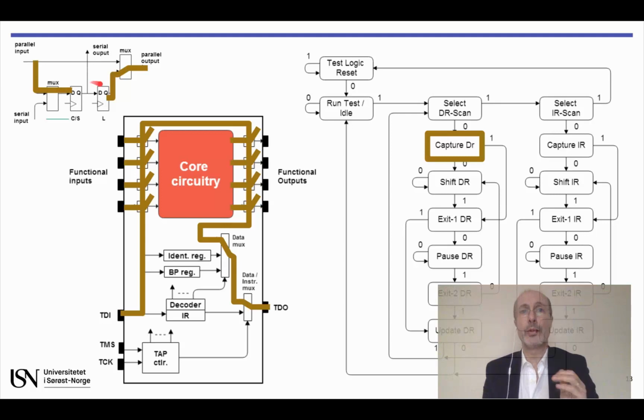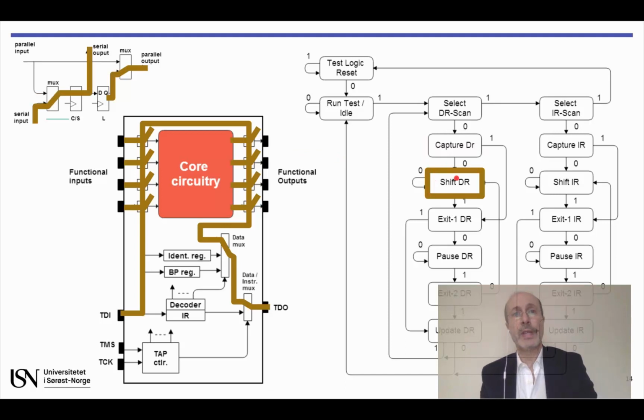The parallel outputs will hold the value coming from the latch stage, and we might actually have preloaded an initial test pattern by starting with the preload instruction instead of external tests.